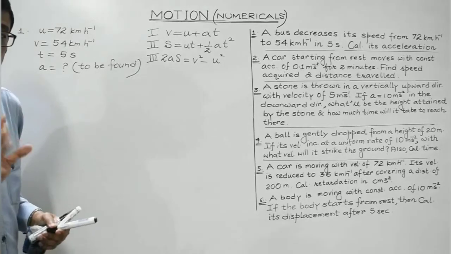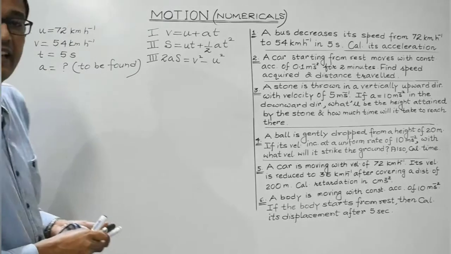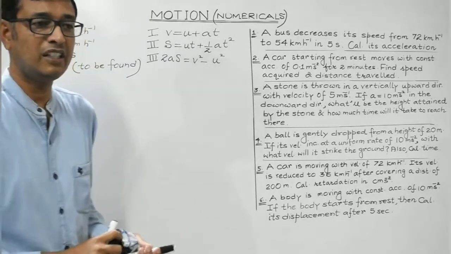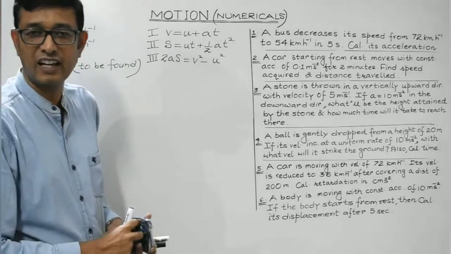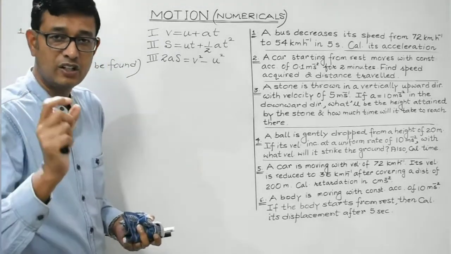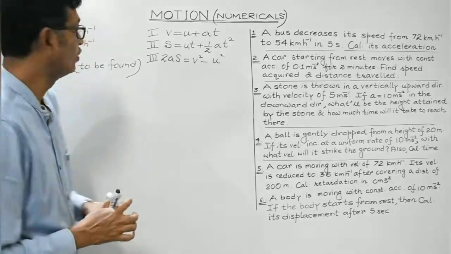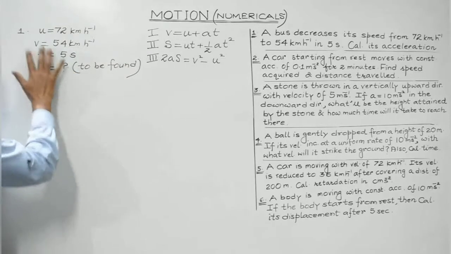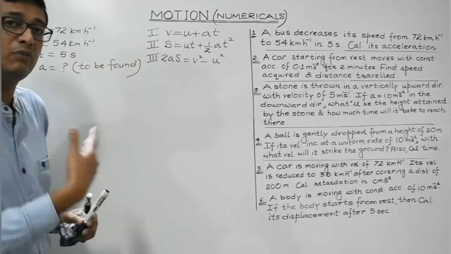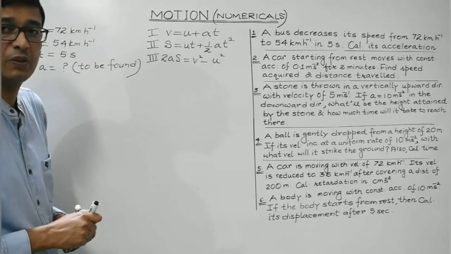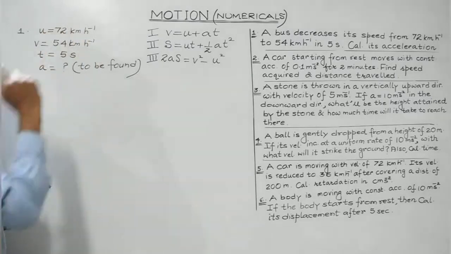So we need to make use of the proper formula. First and foremost, in SI, which is Système International d'Unités or Standard International, the SI unit of acceleration is meter per second square. So we need to convert all the physical quantities into the same system. Right? We need to express velocity in meter per second.